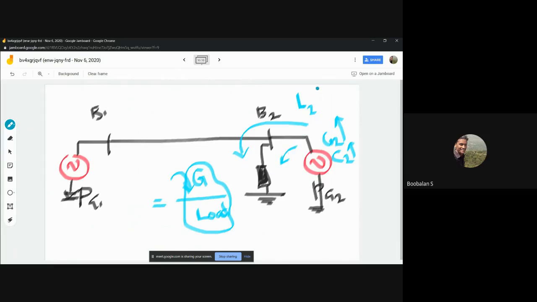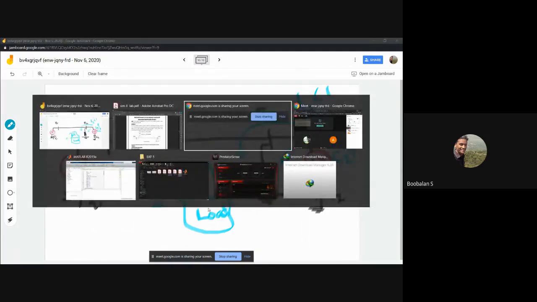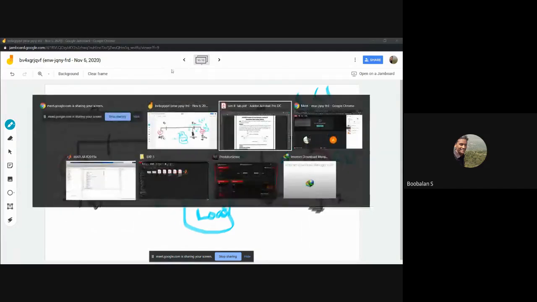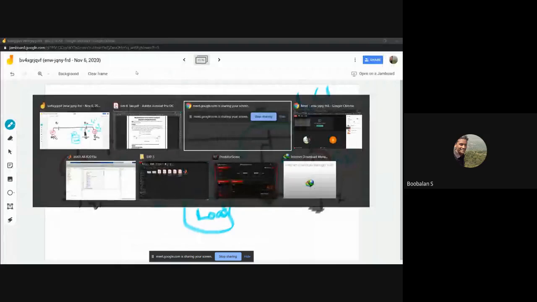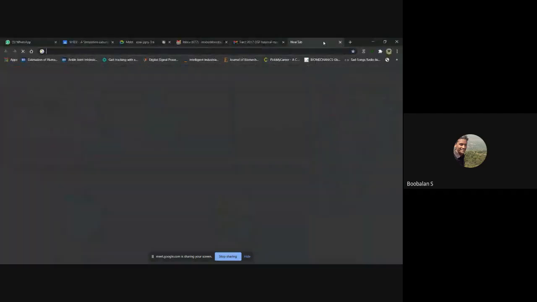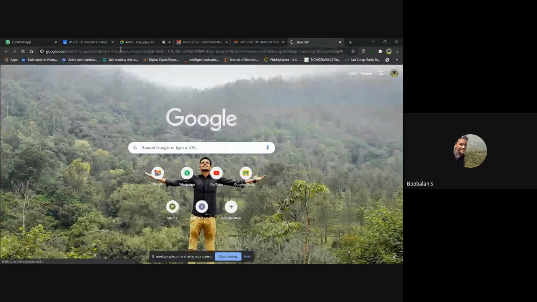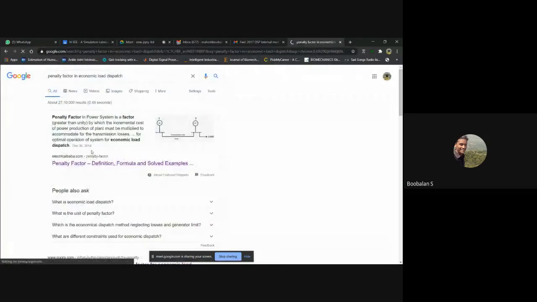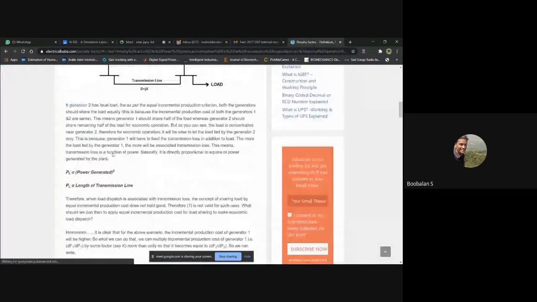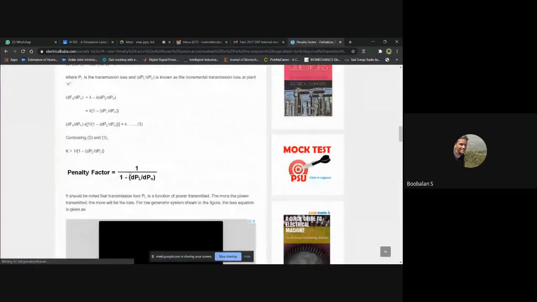It shows the penalty factor should be less than 1. So the generated power is transmitted to the load, right? I think once again I'll verify with that. One second. We'll just verify with that. Yeah, it's the penalty factor.